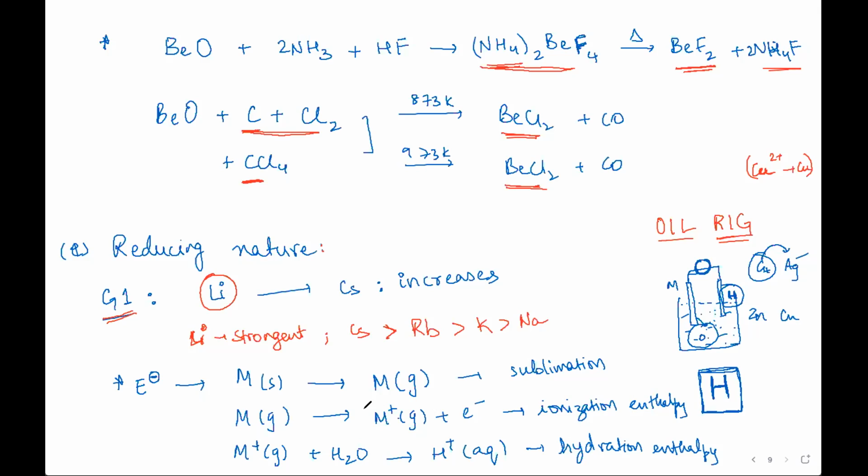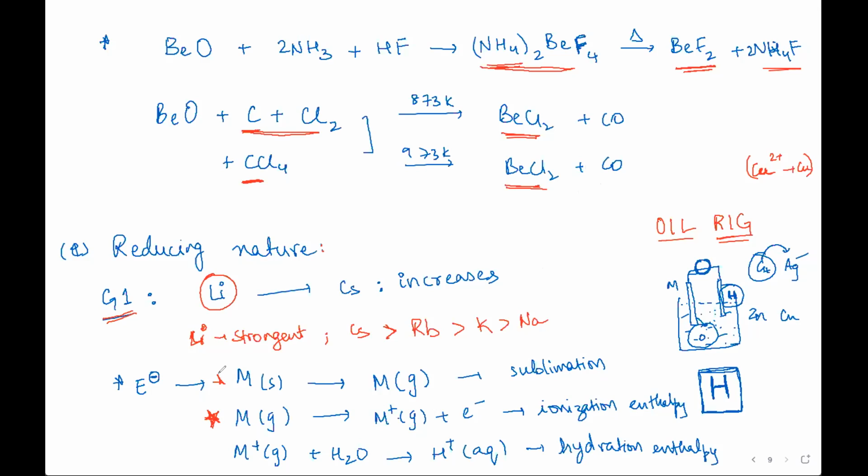Now, comparing the elements of group 1, if you take only ionization enthalpy into consideration, then of course lithium is weak, and cesium is definitely stronger, or even sodium is stronger than lithium in the case of ionization enthalpy.